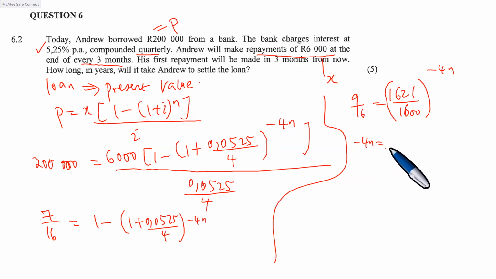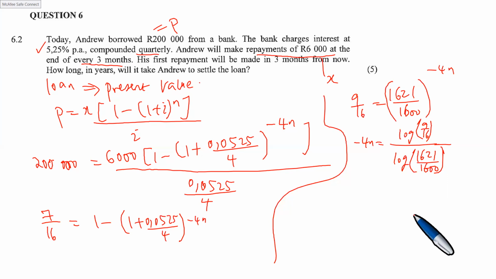Minus 4n. You have the log of 9 out of 16, the log of 16 to 1, 1,600. And then, if you use the log, you can take the log of this divided by the log of that. You can do it in a couple of ways. Okay, it's okay.